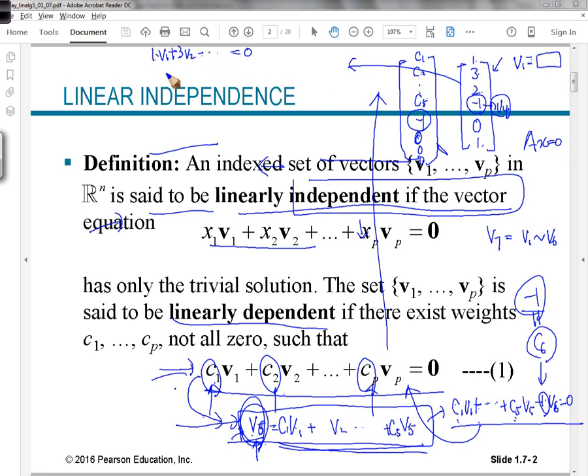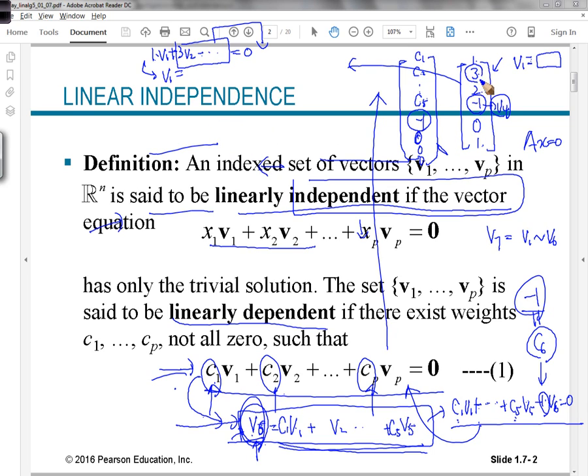So we can easily move this part to the right-hand side, and V1 still exists. Suddenly this becomes an equation where we represent V1 as a linear combination of the others. So V1 can be represented as a linear combination of the others.